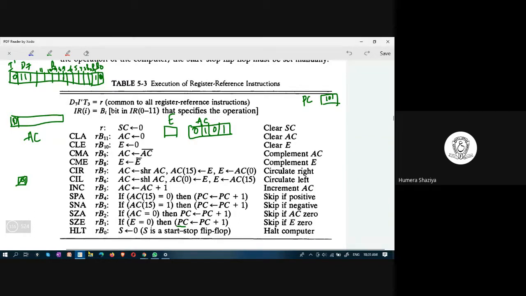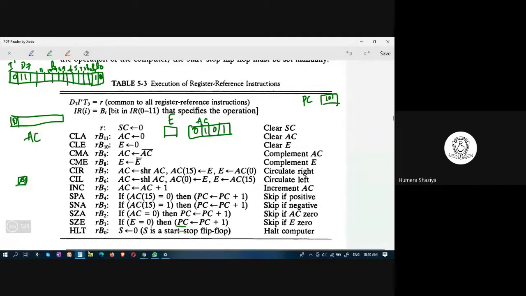You have to perform left shift. When you perform left shift on AC, AC of 0 will receive the bit from E, and E will receive the bit from AC of 15. 15 means they are considering it to be a 16-bit long AC.